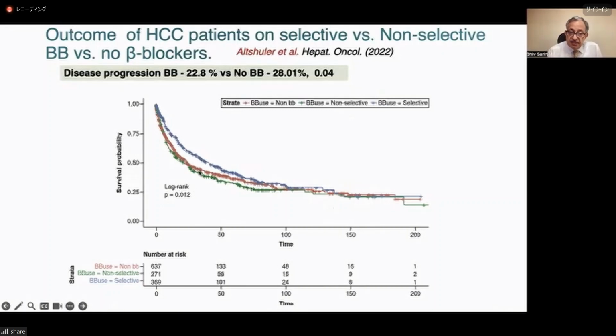So a patient with HCC who is on beta blockers, survival is better. Then selective versus non-selective beta blockers: non-selective is far better than selective beta blockers.